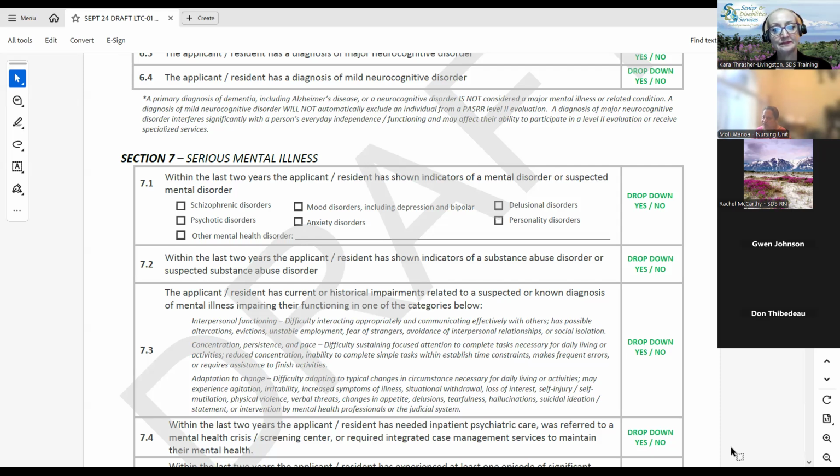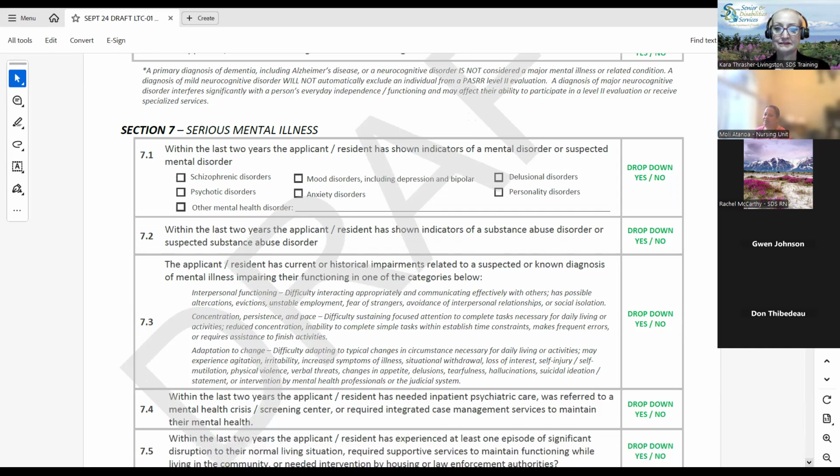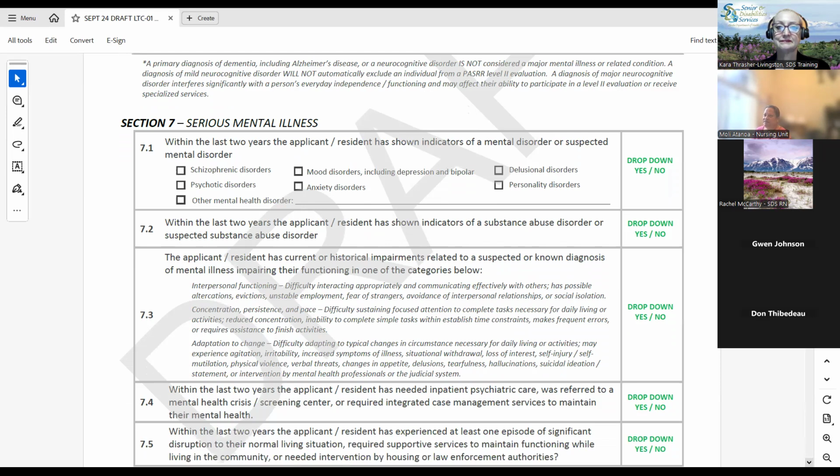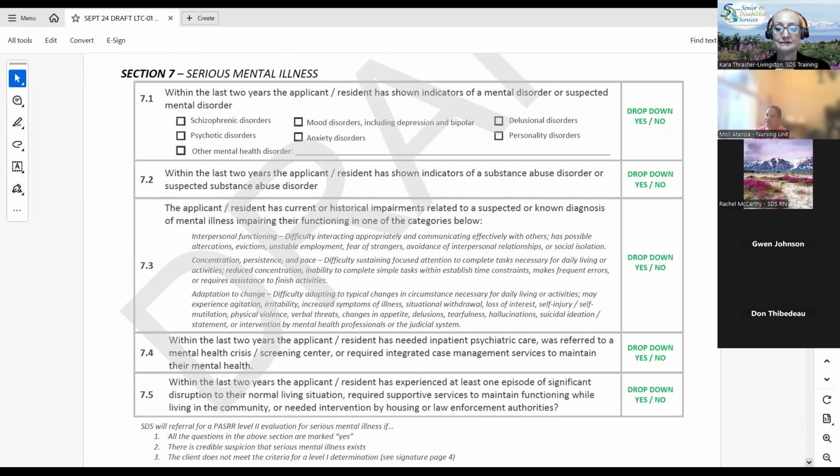There's additional information provided there. So the form might look very wordy, but we're building into the form the decision tree that helps walk the screener through to not only answer the question, but get to a determination of negative screening, or that the level 2 evaluation has been triggered.